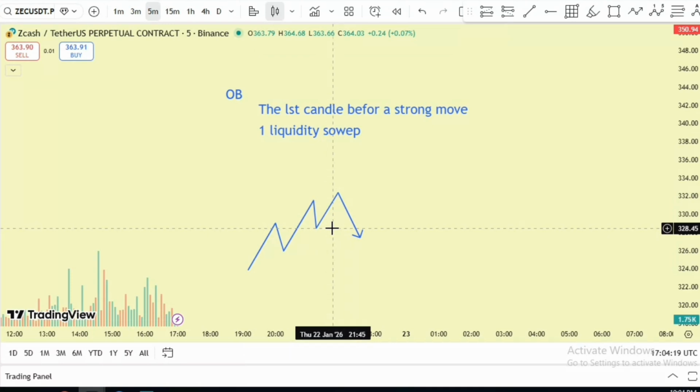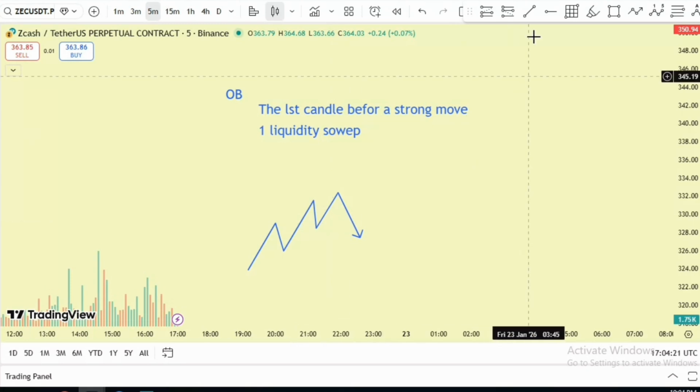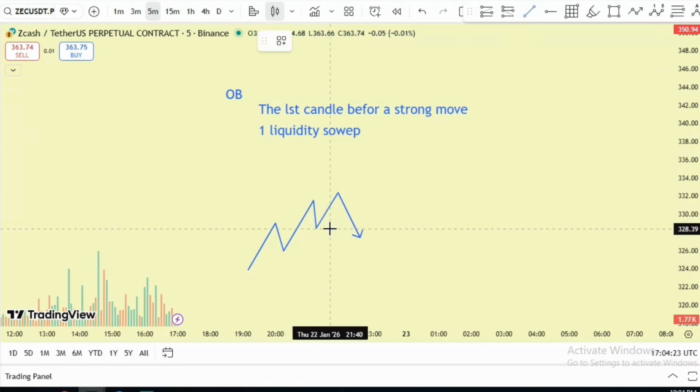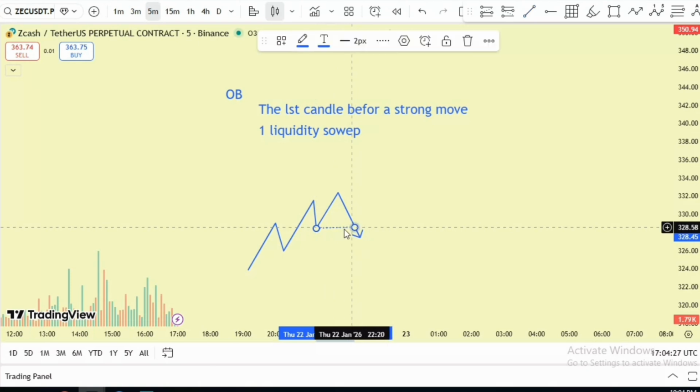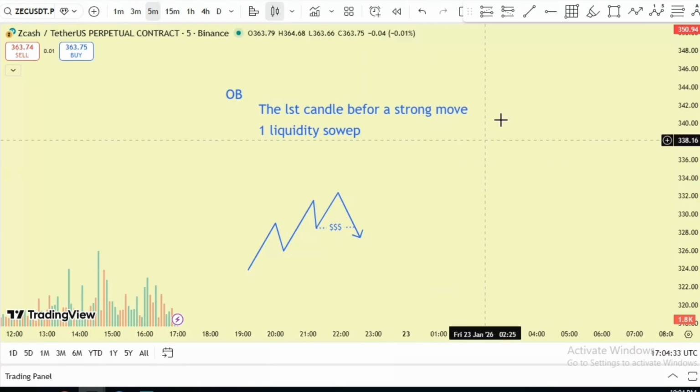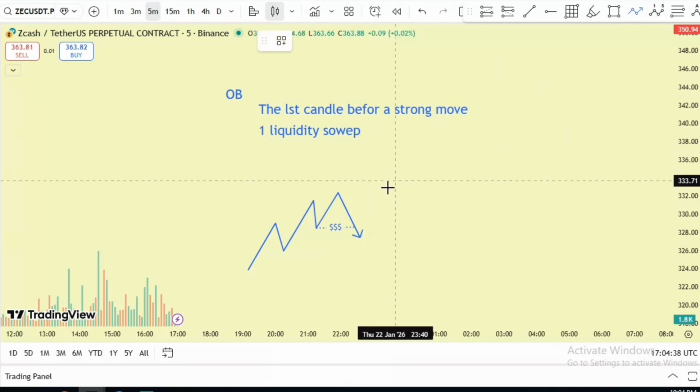But we know that it is not a change of character. It is just sweeping the liquidity. We can see clearly that here the market just swept the liquidity and then the market will continue its move.